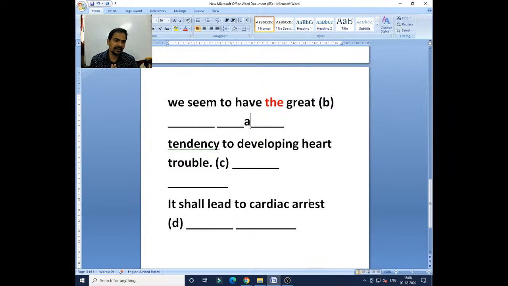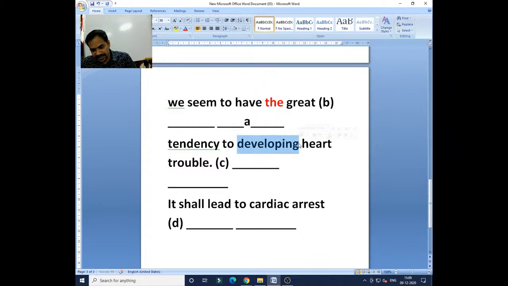Okay, Srishti Aswale, Arya Tapase has given me the correct answer. Yes, Sarvari also has from the beginning. We seem to have a great tendency, okay, develop. Jitan also has answered. We seem to have a great tendency to develop.